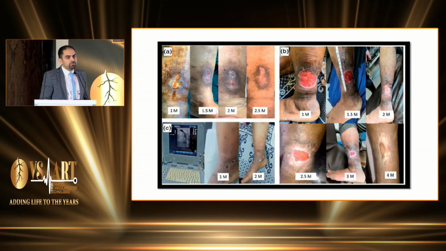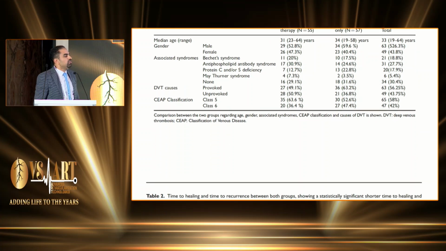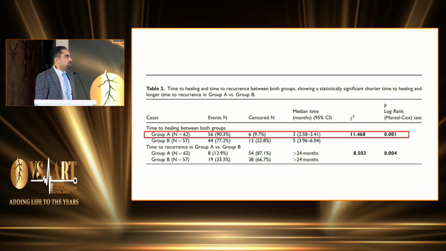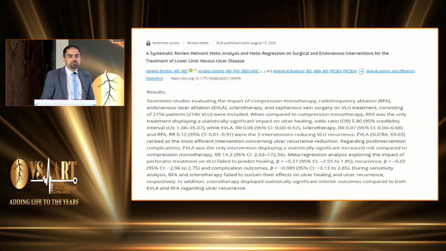And this is the follow-up data. The occlusion rate for the ulcers in group A reached 90%, while in group B it was 77%, a significant difference between both groups. Also, the recurrence in group A was 12%, and in group B it was 33%.